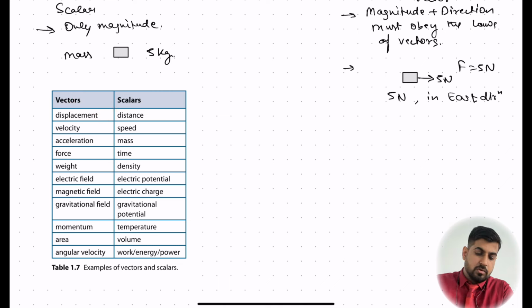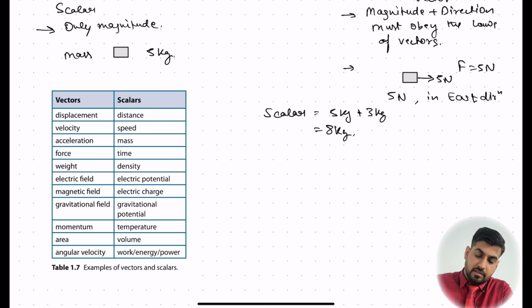One more thing, if I add one more mass, what's the basic difference? For scalars, you can add as an algebraic sum, like 5 kg plus 3 kg, which gives you a total of 8 kg.